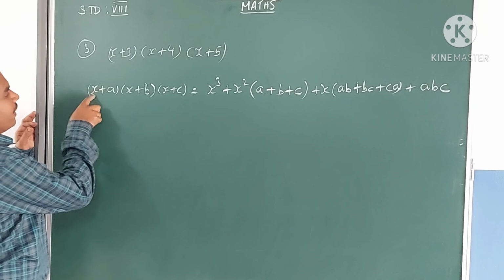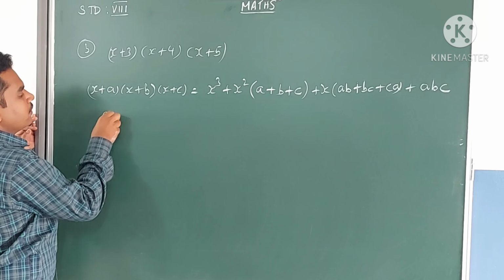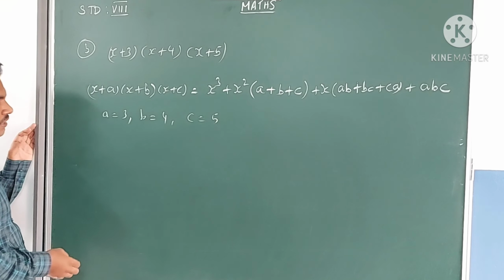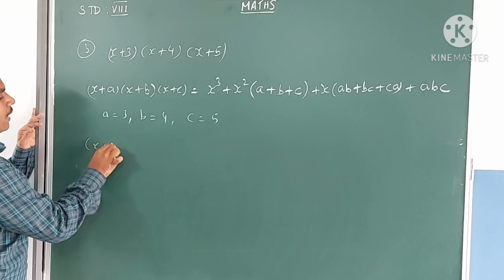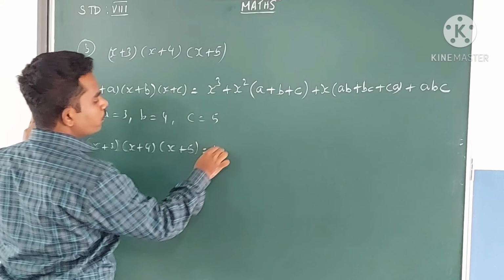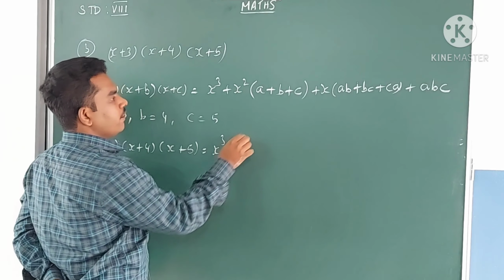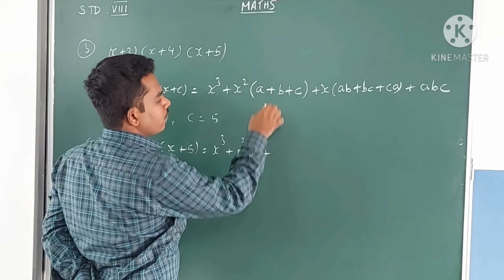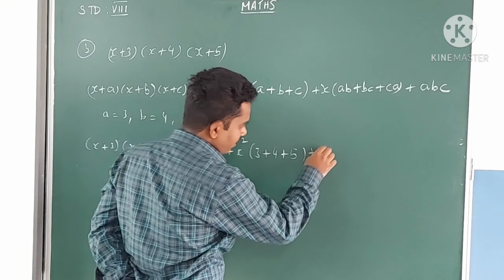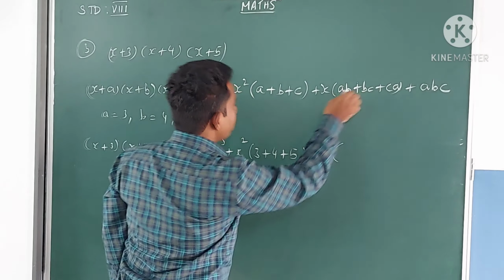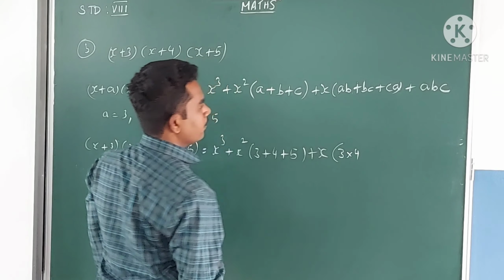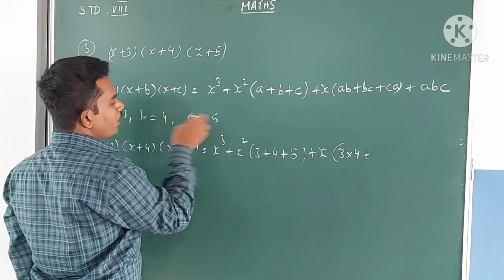So you should know the identity, then only you can write the answer. First, here x is the same, a equal to 3, b equal to 4, c equal to 5. Just substitute the values itself. Okay. So (x plus 3)(x plus 4)(x plus 5) equal to x cube plus x square, 3 plus 4 plus 5, plus x remains the same, ab, so 3 into 4, plus bc, 4 into 5.